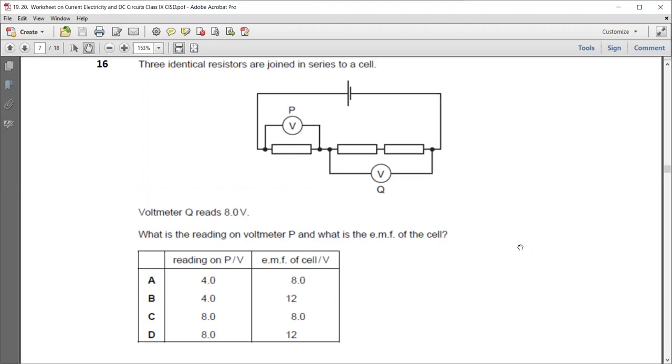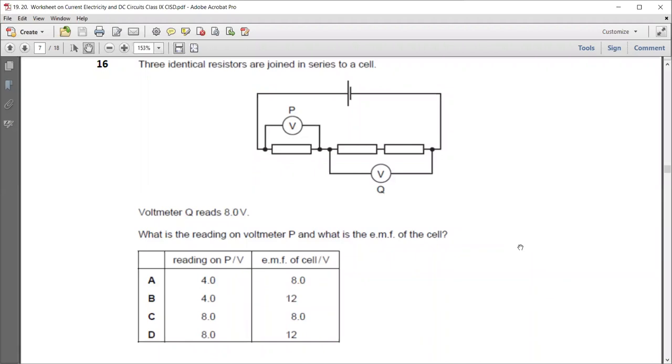Very good, I liked your explanation. The question says three identical resistors, so all three are identical. That is a very important thing, identical resistors. Otherwise we would have had to find the resistance first. It's not required. This question is a bit easier if you think in a general way, that we have resistors in series. Whatever the value, we don't know, but one resistor is across voltmeter P, right?